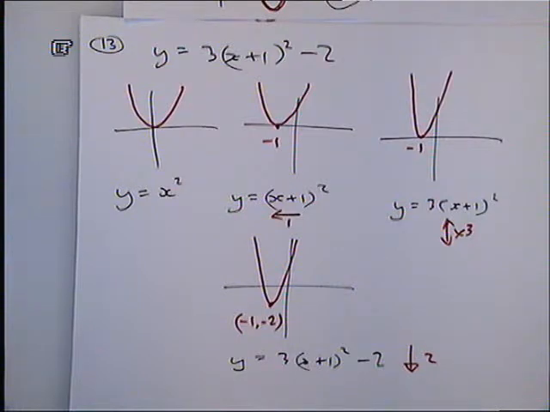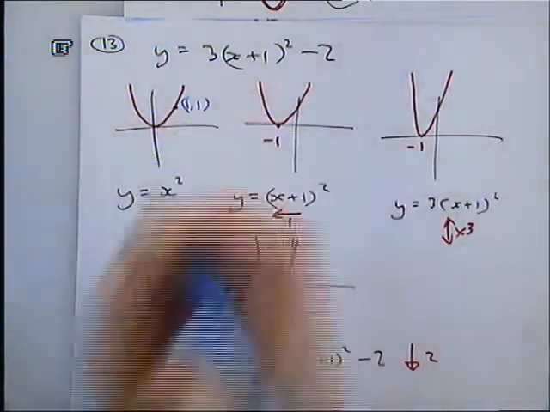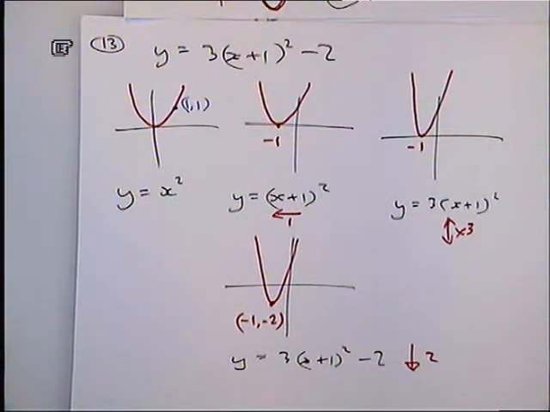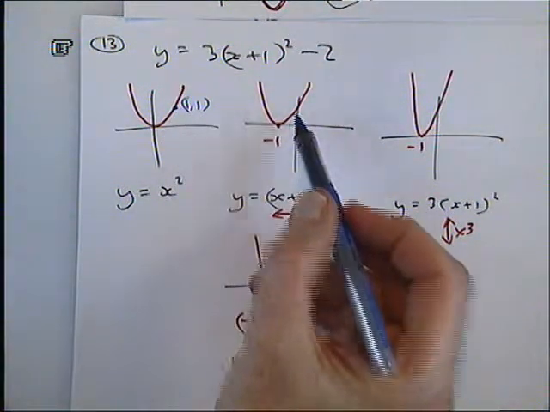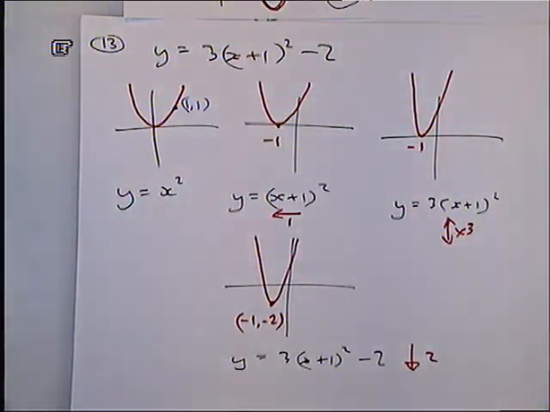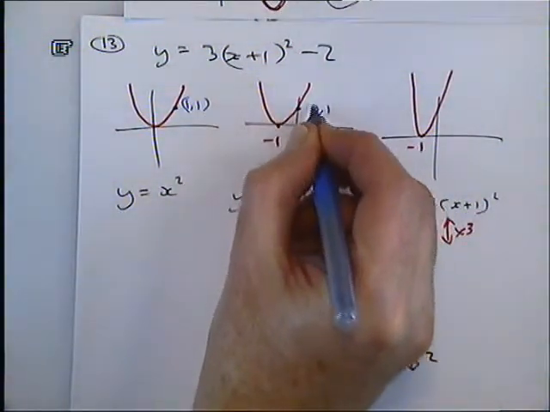Okay. So if we think back here, the point (0, 1), where has it ended up? Where is that point on here? Yeah, that's ended up here. It's gone 1 left. So there it was (0, 1).